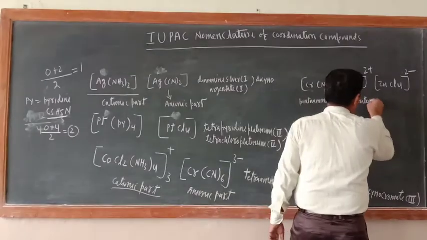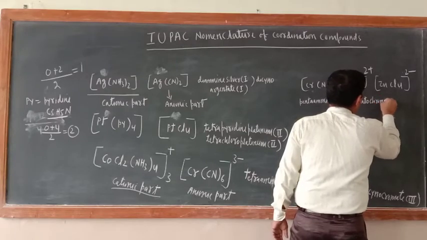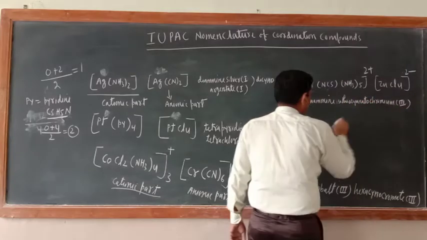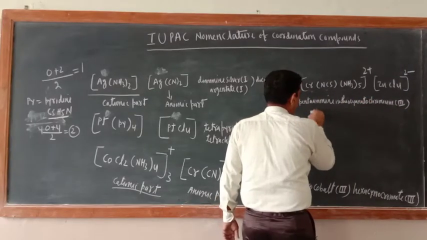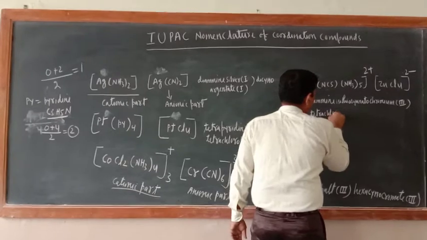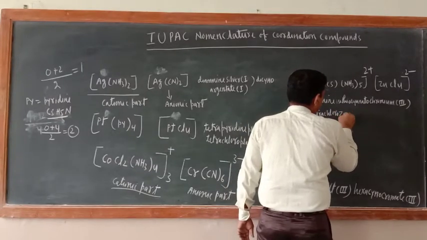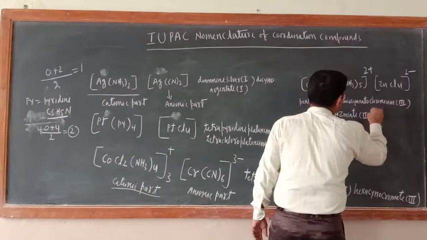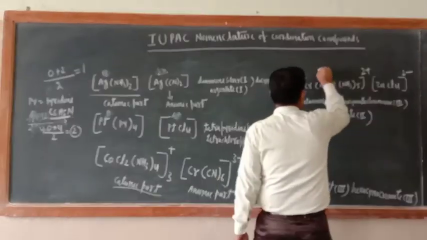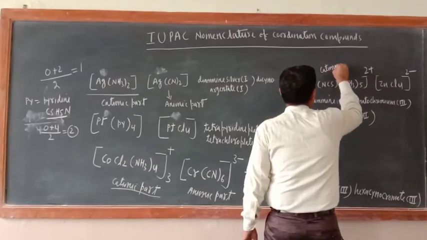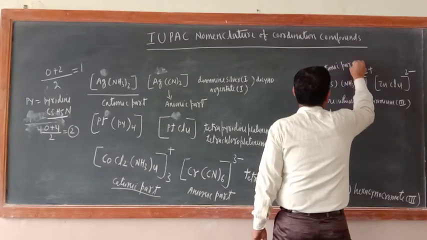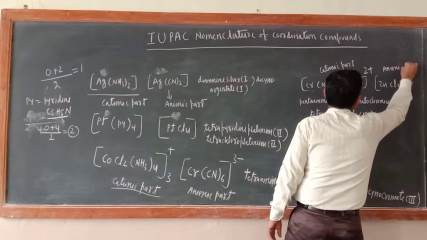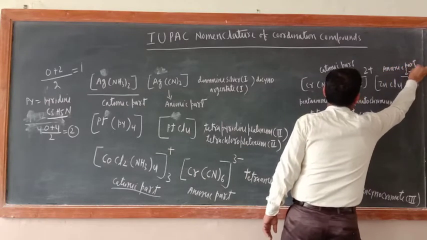Okay, chromium, third, then tetrachloro, zincate, second. Okay, this is cationic part, and this is anionic part. So in anionic part 'ate' word must be added.